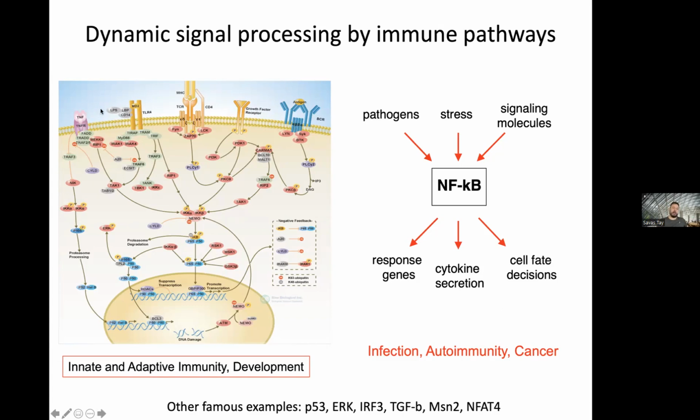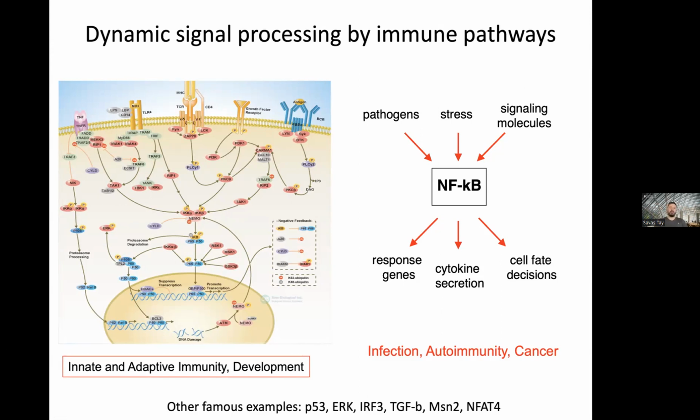We have various receptors that detect molecules from the environment. These could be pathogenic molecules. These could be signaling molecules secreted by the immune cells, even physical stress. So these proteins are detected from the environment by the cell, and a big signaling cascade activates.